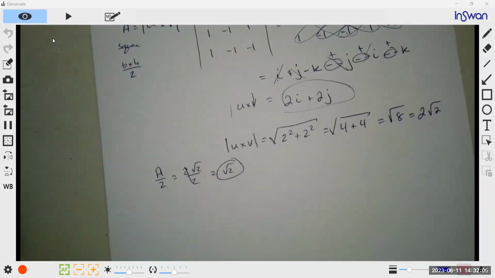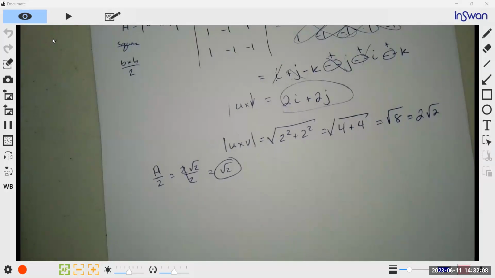Okay, now what's the next part asking us? Choose the unit vector perpendicular to the plane.